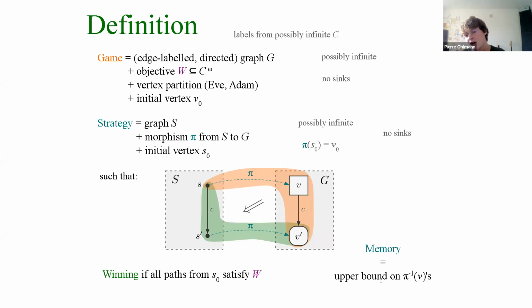And I'm saying upper bound for a reason that will appear: we may be interested in saying we have finite memory, though unbounded. If all of these are finite, this will appear in an example later, but you can think of it just as being the maximal size of pi minus 1, okay? If the memory is 1, it's called a positional strategy. Yes, there's a slide about this.